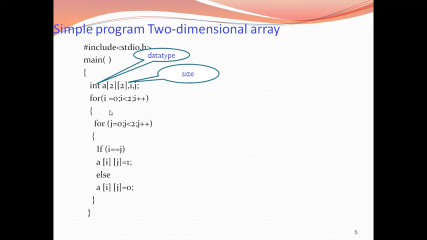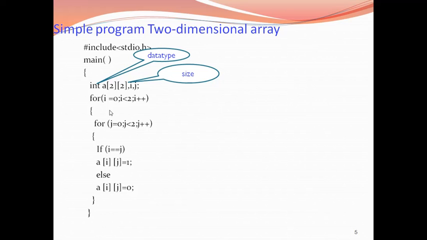If you take the 2 by 2 array, the first row is 1 0 and the second row is 0 1.